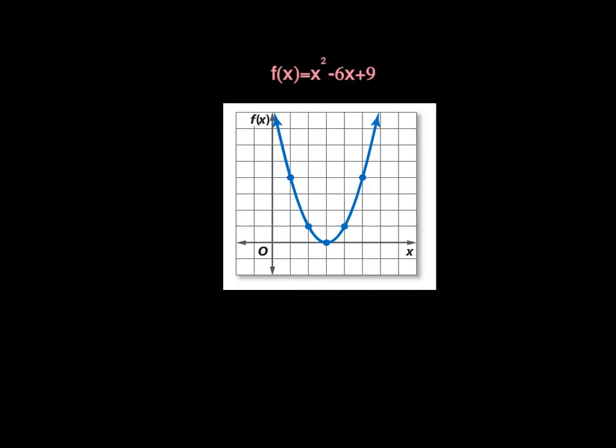So let's take a look at an example. f of x equals x squared minus 6x plus 9. In a previous video, we learned how to graph them, so to save time in the video, I have it graphed for you already. So we're just going to be looking at this graph to find what the zeros are, or find what the solutions are. If we look, and we're looking for the vertex, right? Because the vertex is what's touching the x-axis. So in this, we have one real solution.